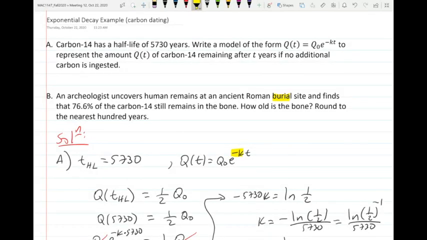So using this information, that's how you can tell when it was last alive. So let's approximate how old the bone is, and we're going to round this to the nearest 100 years. Do you understand what the problem is saying?